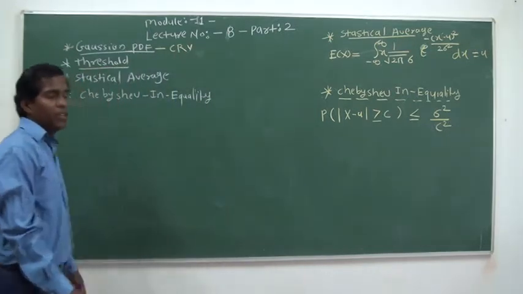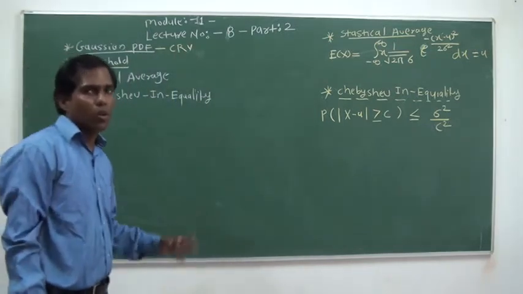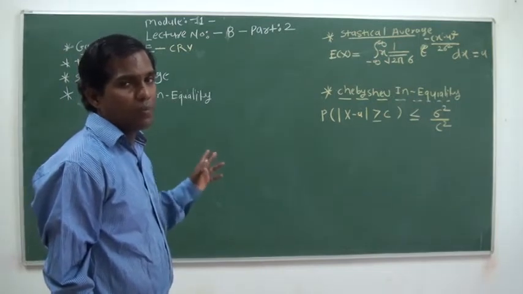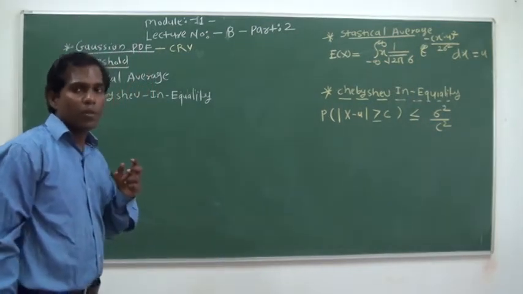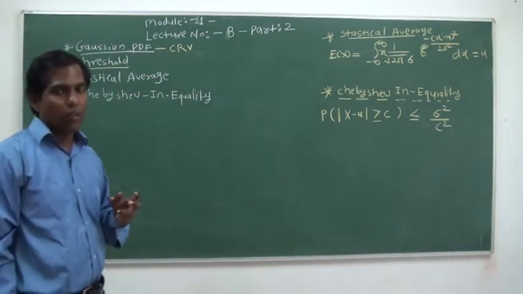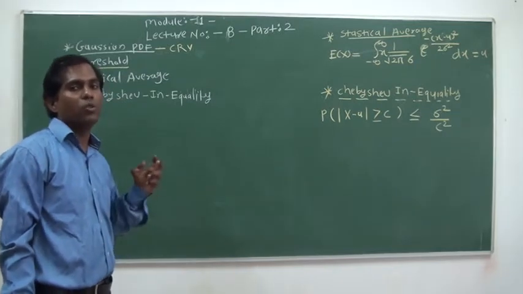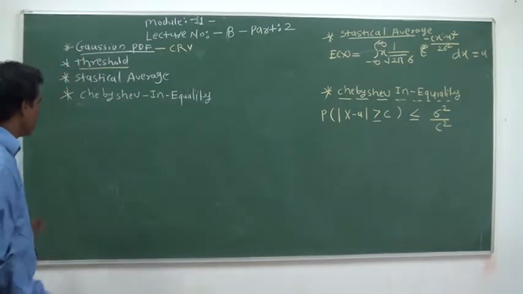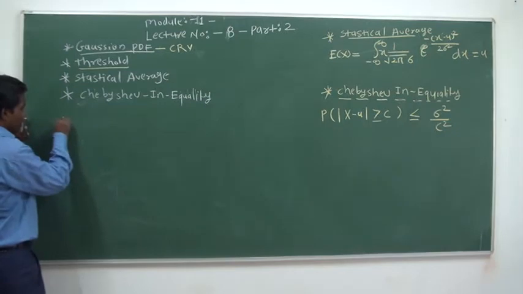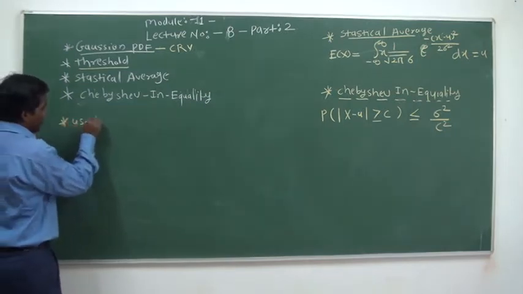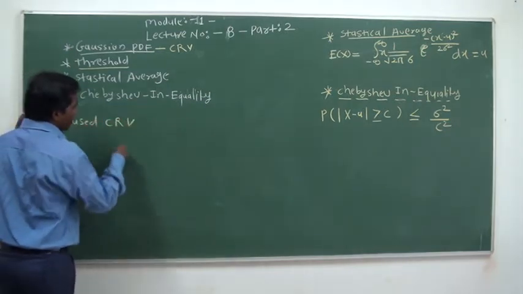Okay, the basic application of this Gaussian PDF, that is the Gaussian probability density function, in digital communication is to analyze the noise. So it is used over a continuous random variable.